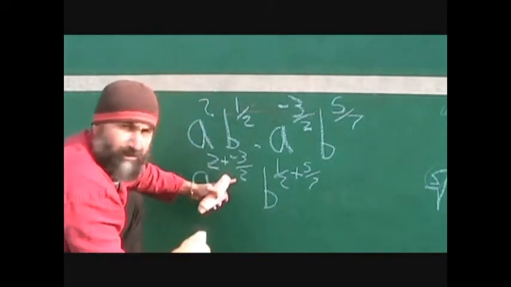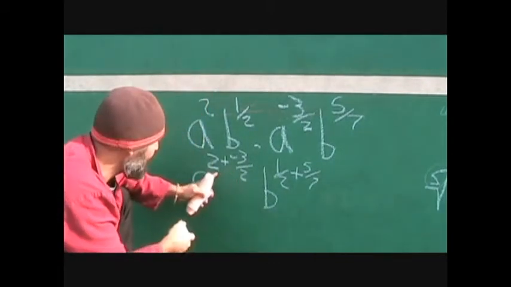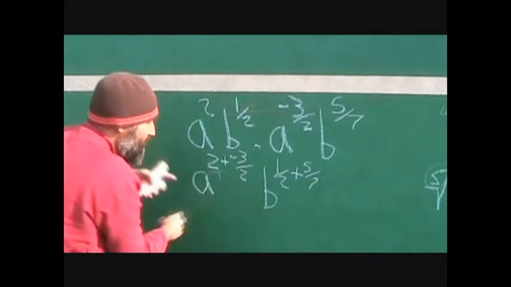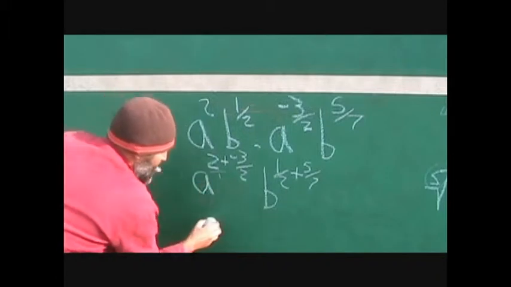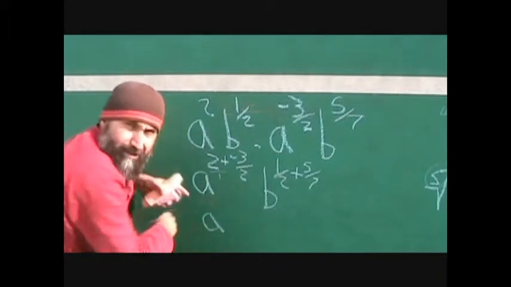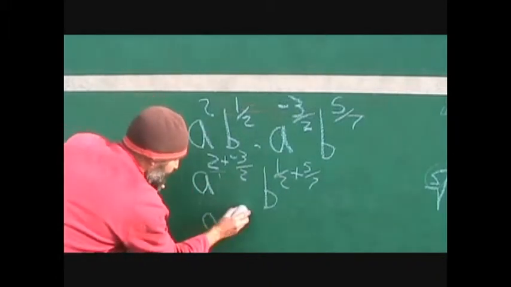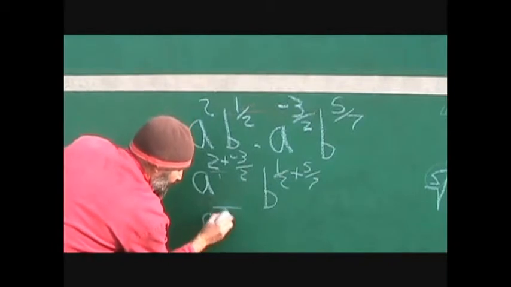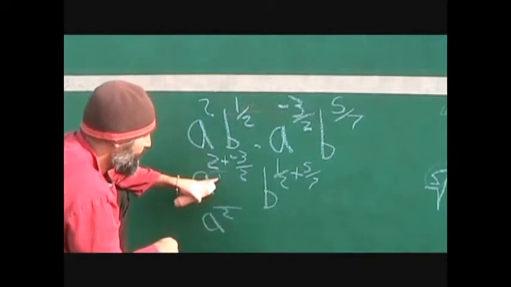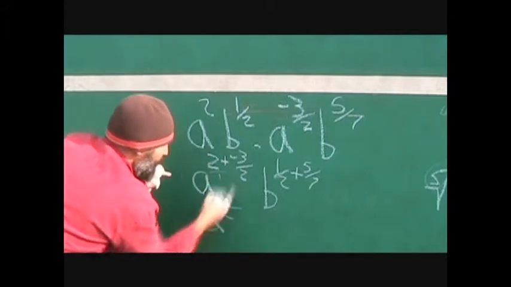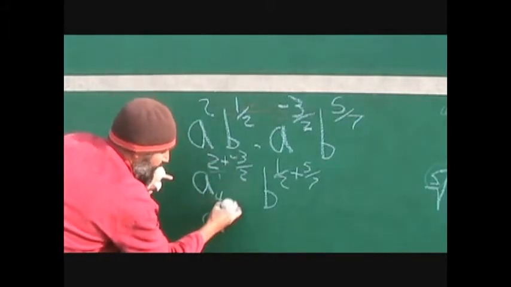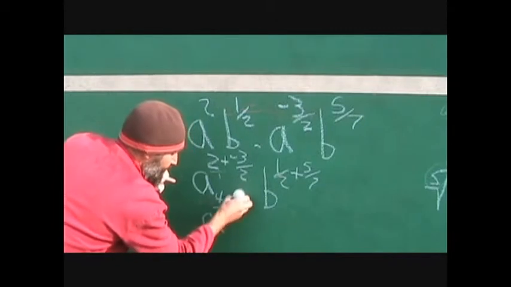Now, the way you do this, you've got to find the common denominator. For the a, the 2 is just over 1, so the common denominator here is 2. You multiply the 2 by 2, so that becomes 4, and the other stays the same, minus 3.